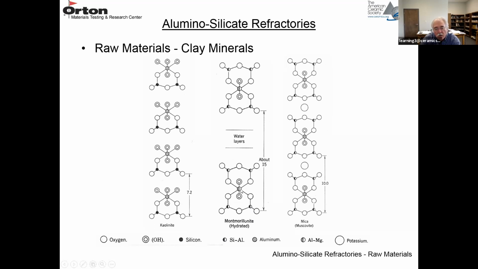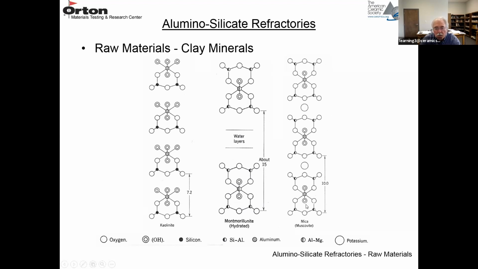And it also has magnesium substituted for aluminum, and that's this circle here, which has 2 colors in it also. And the open circles are oxygen, the double circles are the OH groups. So it's a layer of silicon tetrahedra, a layer of the aluminum octahedra, and another layer of the silicon tetrahedra, separated by water layers that develop plasticity.